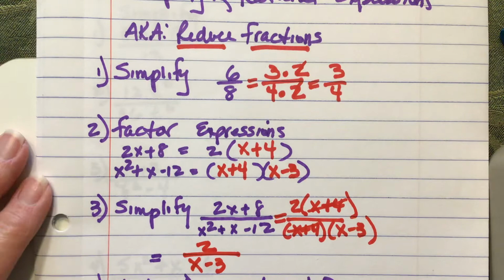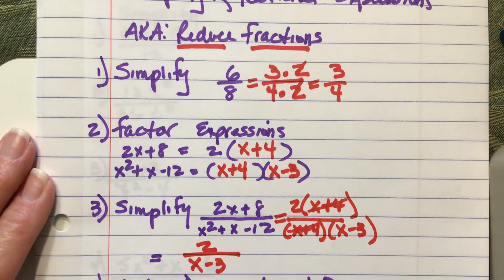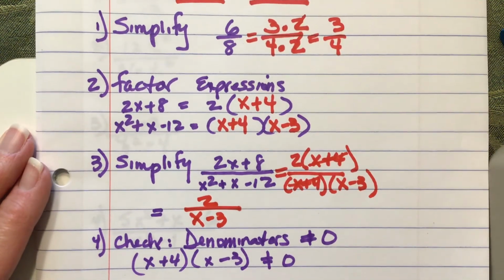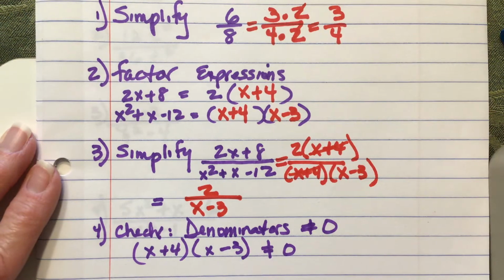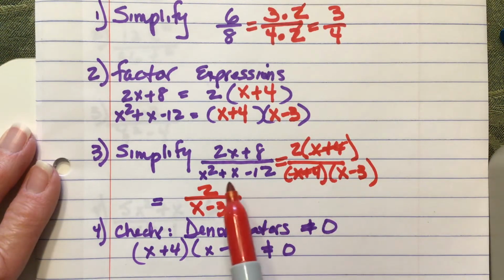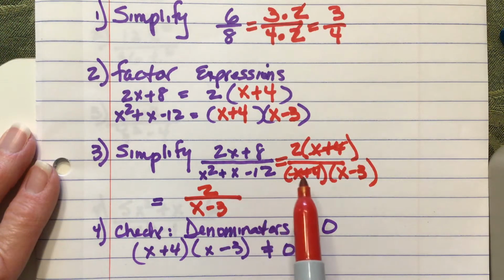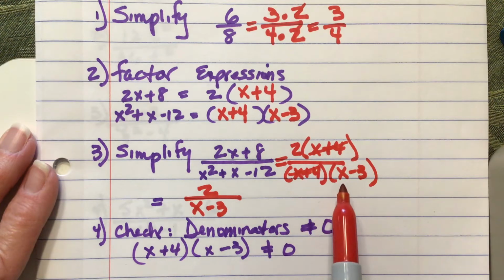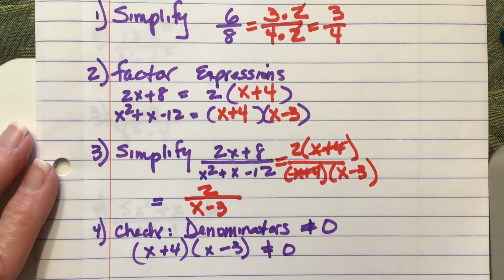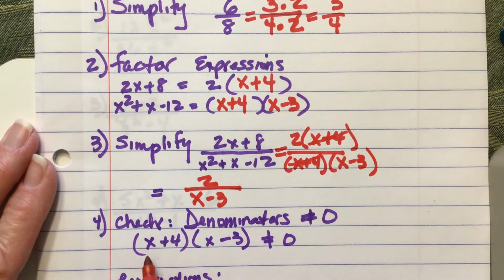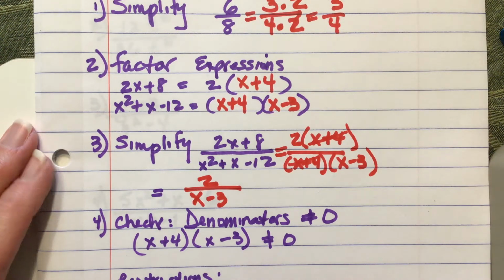Now, one thing we want to be careful of is we can never have a 0 in the denominator. So if I look at my original denominator, I have x squared plus x minus 12, which became x plus 4 times x minus 3. So these two expressions, x plus 4 and x minus 3, when I multiply them, I can never have them equal 0.